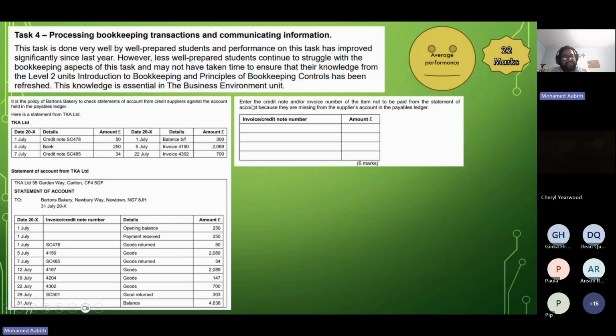They're saying here, enter the credit note and/or the invoice number of the item not to be paid from the statement of accounts because they are missing from the accounts in the payable ledger. What are you going to do? You're going to quickly check those numbers off. Once you check those numbers off, we're going to find which one is going to be paid and which one is not going to be paid. I'm not going to spend a lot of time with this because you already know this, it's been covered in the previous unit. I'm going to discuss further the uniquely part of this particular unit.